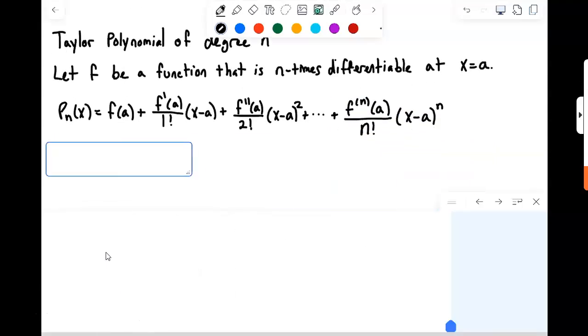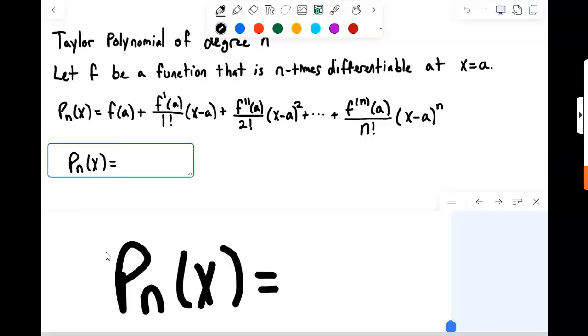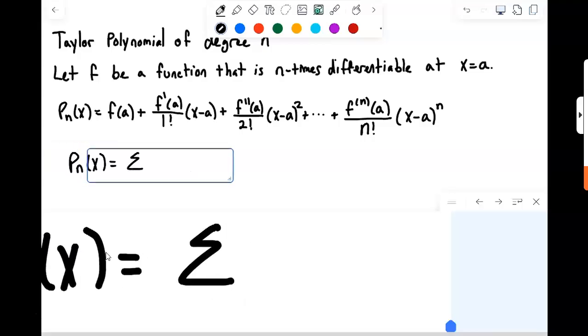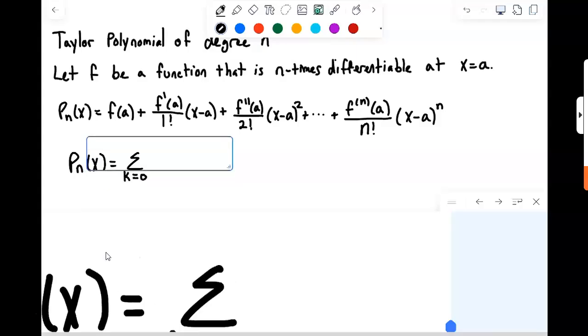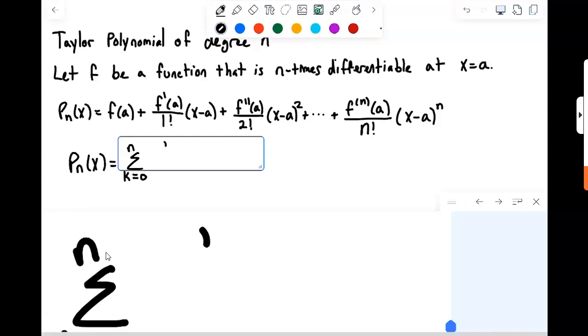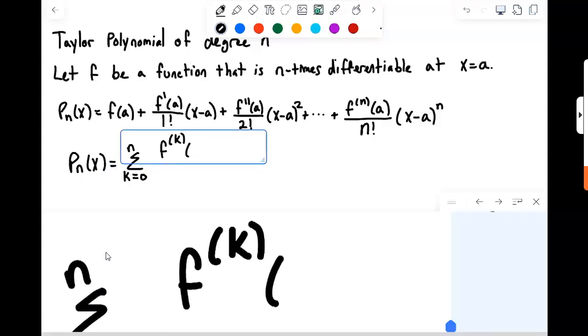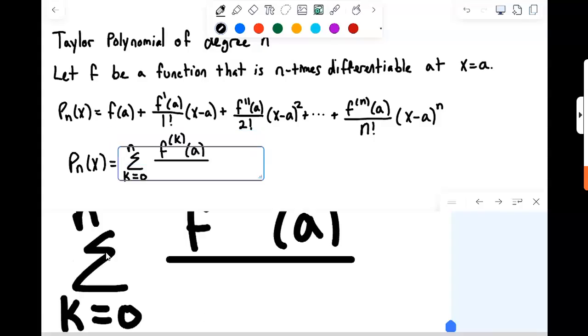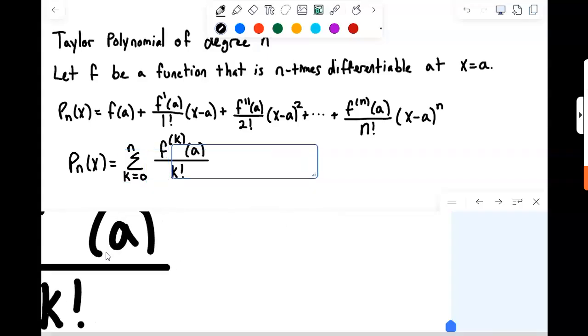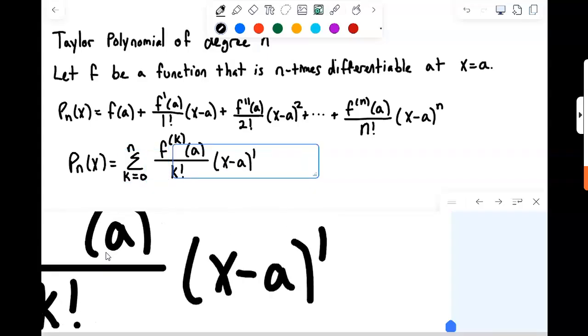Okay. Or in terms of a sum, we could write it as p sub n of x is equal to the sum as k goes from 0 to n of the kth derivative evaluated at a divided by k factorial times x minus a to the k, where of course we think of the 0th derivative as being just the function itself.